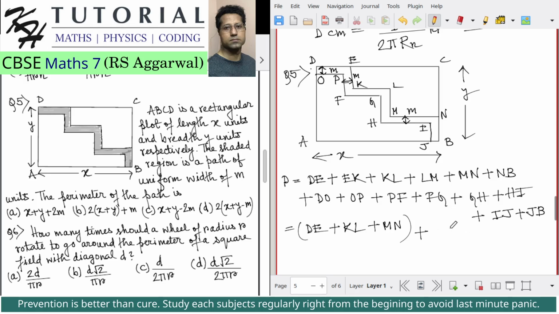If I now add DO plus PF plus GH plus IJ, this will be equal to the breadth of the rectangle, that is Y.